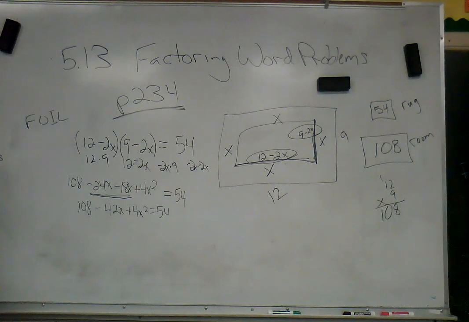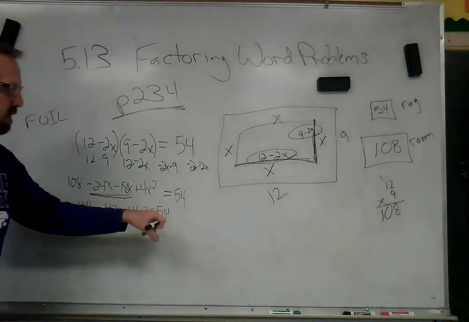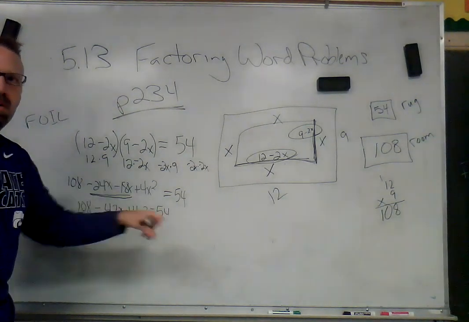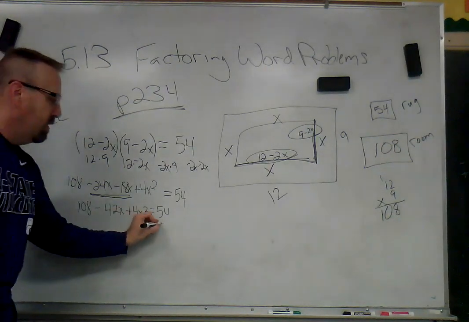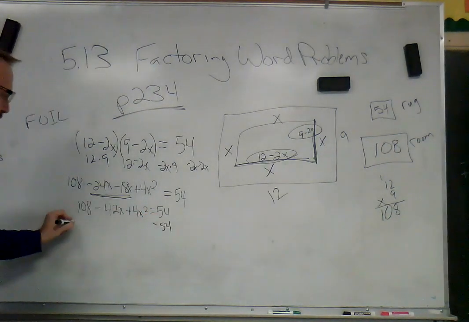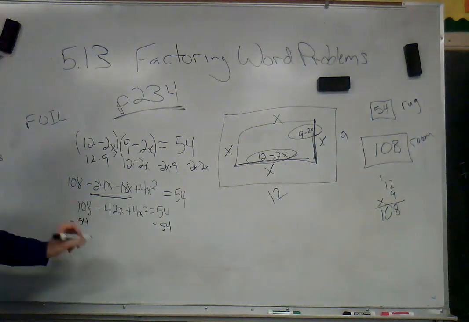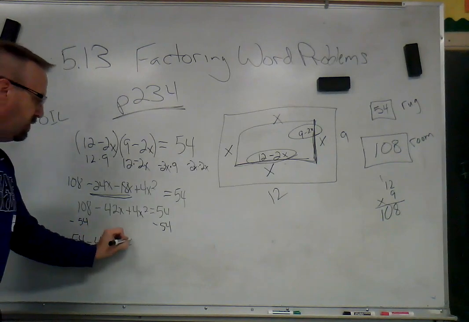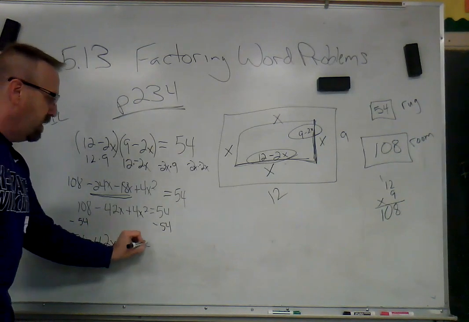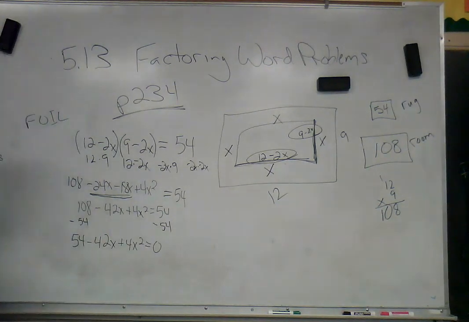In order to solve these, what does our equation have to equal? Anybody remember? 0. So in order for it to equal 0, we're going to subtract off 54. So that gives us 54 minus 42x plus 4x squared equals 0.